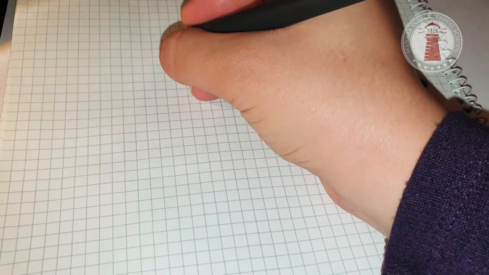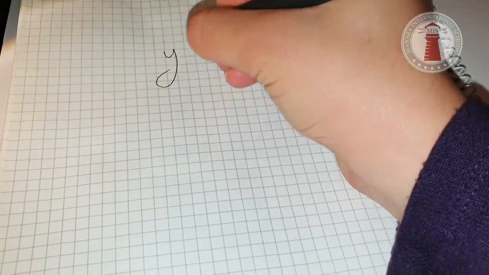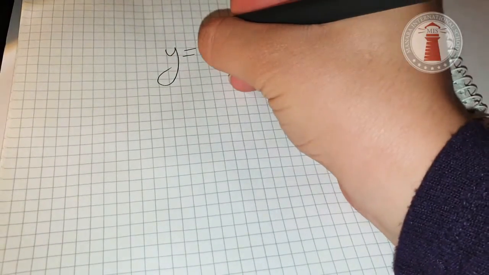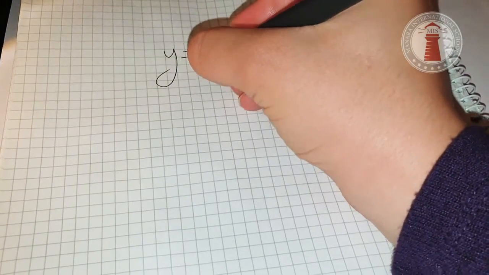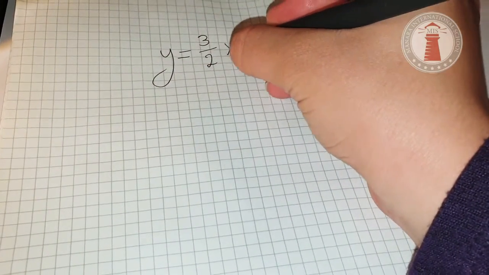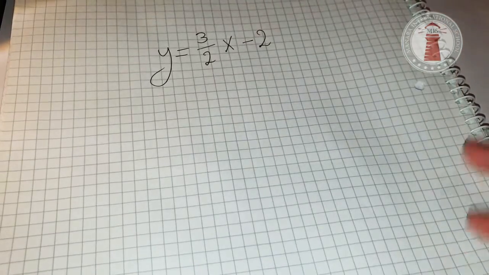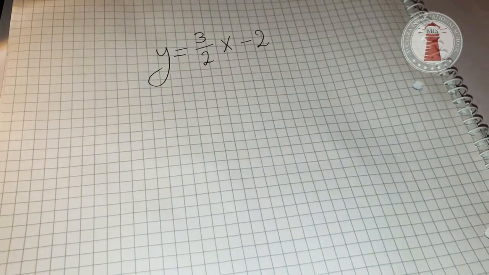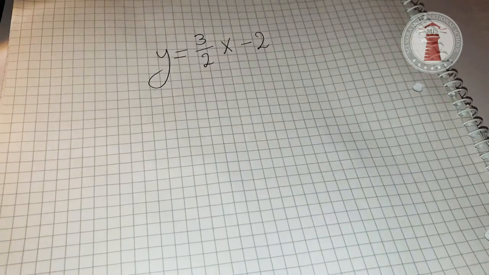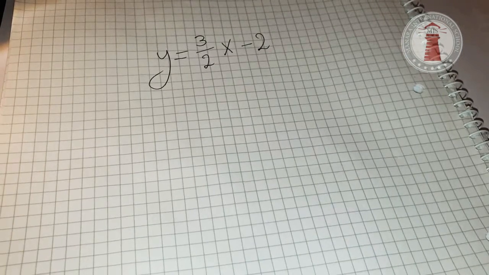Okay, let's have an example of, let's say, y is equal to 3 over 2x minus 2. Now first we need to identify what is the slope and what is the y-intercept in this function.